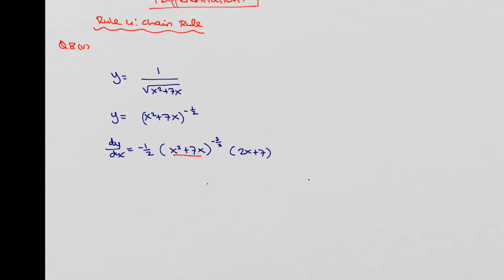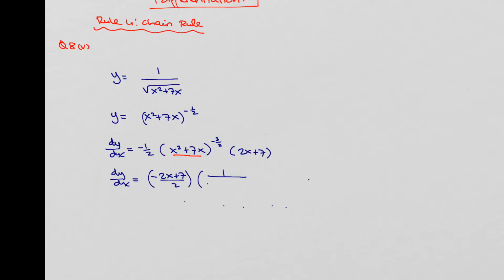Technically that is our answer, but of course we can tidy it up a little bit by multiplying the minus a half by the 2x plus 7. That gives us dy/dx equal to minus 2x plus 7 over 2. Then I can write the minus as 1 over, and then the 3 over 2.